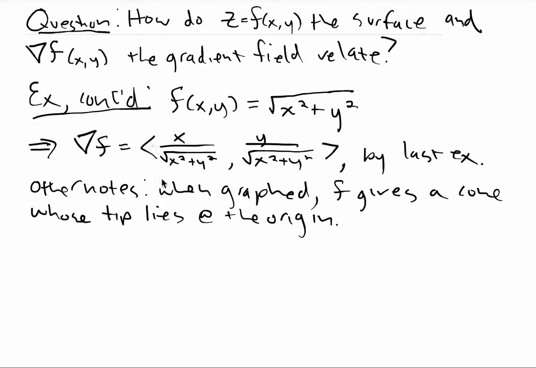Well, this is one of the surfaces that I didn't touch on too much when we covered our surfaces section, but if you think of z equals root x squared plus y squared, if you squared both sides, that's your standard form for a cone.